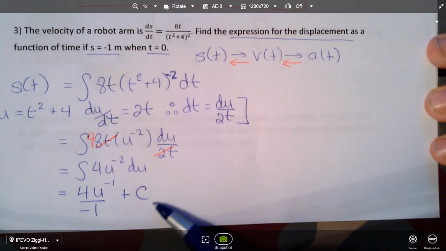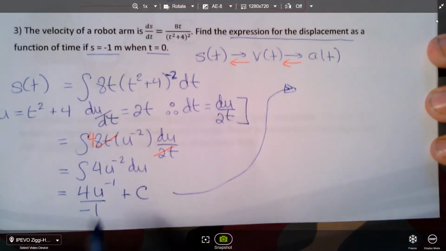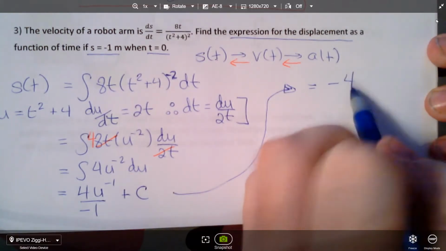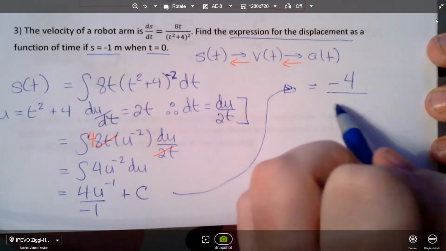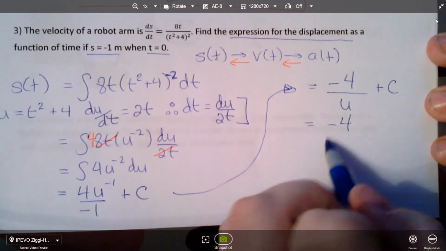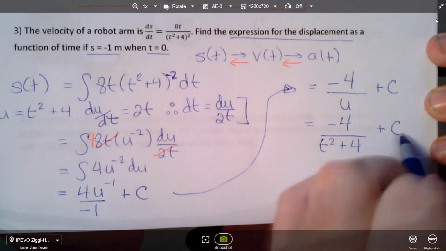Just keep that in mind because I'm going to turn my page over here because I'm out of room. Actually, I can do it over here. So I've got 4u to the minus 1 over minus 1. So after all that simplifies, I get minus 4 over u plus c, which is minus 4 over t squared plus 4, plus c.